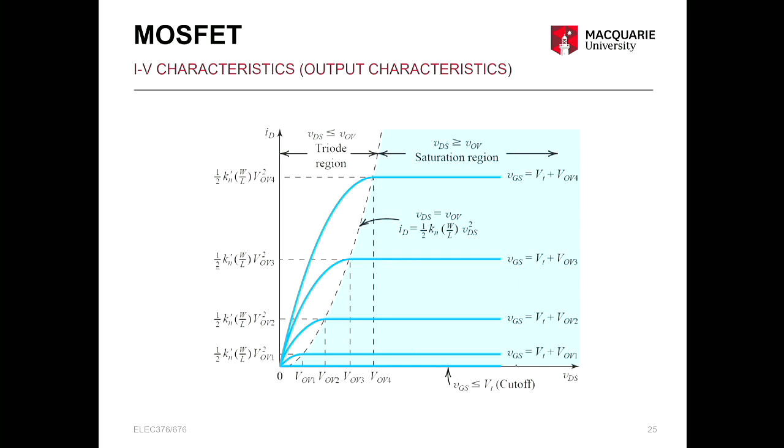So for a smaller value of VGS, or for 0 value of VGS, you have cutoff here, and once you cross the threshold voltage, then you start to get some ID, and the ID will saturate at different values depending on the amount of the gate to source voltage that you apply, which determines the thickness of the N-type channel, which determines the amount of current that flows in saturation.